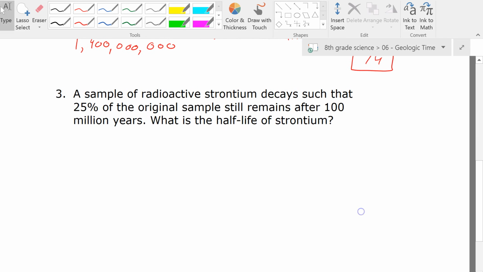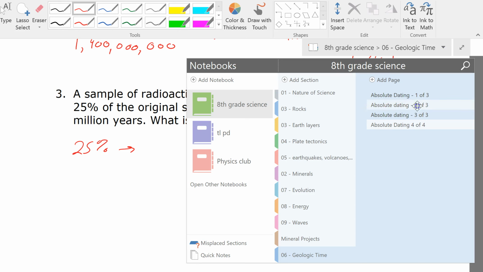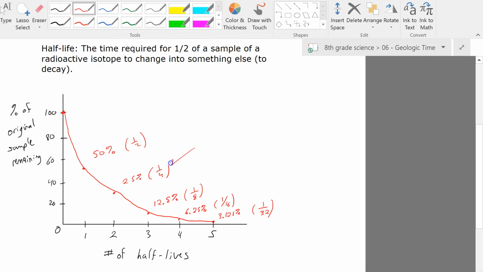And then let's do one last one here. Radioactive strontium decays such that 25% of the original sample still remains after 100 million years. What's the half-life of strontium? Okay, so that 25% is still there. That tells us, back to our chart, that 2 half-lives have gone by.